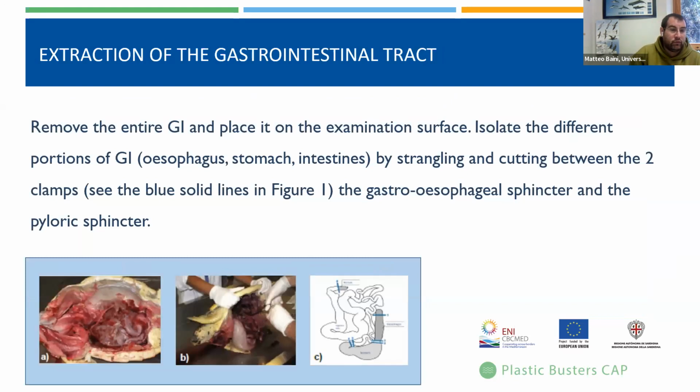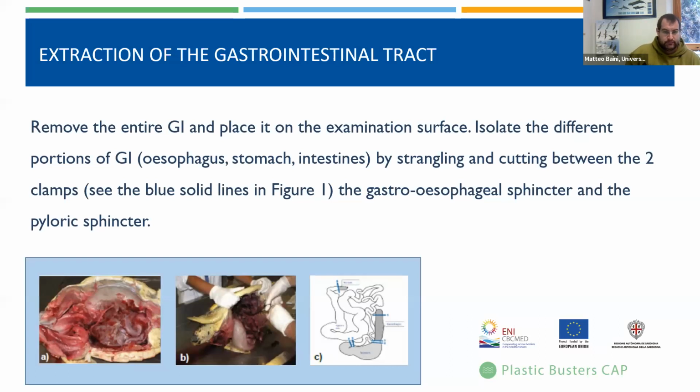Okay, then we have to collect the entire gastrointestinal tract. As I said before, if you are not allowed to handle protected species, you need a specific permit to do that, or require the vet's help. You have to isolate the three portions of the gastrointestinal tract: esophagus, stomach, and intestine.